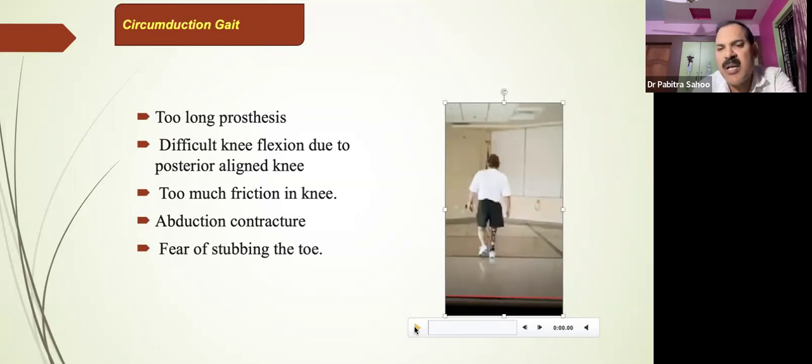If the foot is plantar flexed, that again apparently lengthens the prosthesis, and again for clearance the patient will go for a circumduction gait. With a loose socket and suspension, as I said earlier, the prosthesis will drop down with its weight during the swing phase, giving rise to apparent lengthening on the prosthetic side, and the patient tries to clear by circumduction.